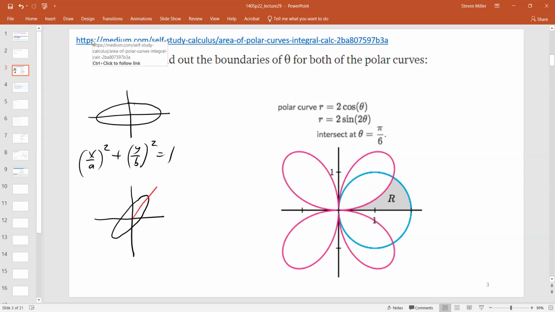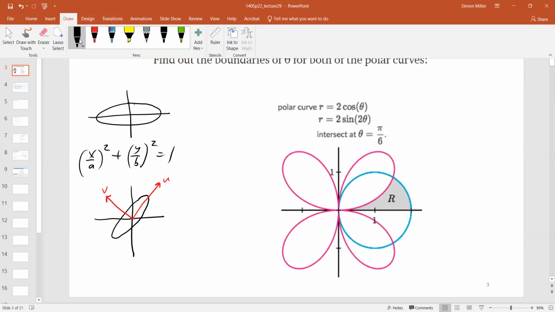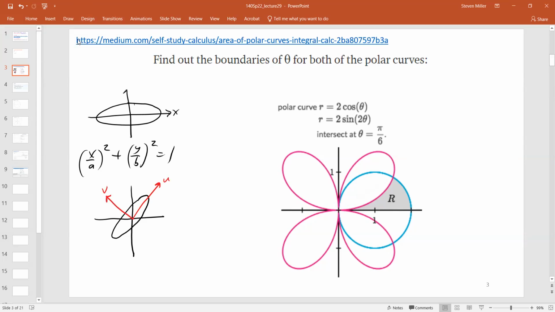And so if we choose these to be the coordinate axes, say u and v, now all of a sudden we can easily write down what's going on in terms of u and v space. And so we would have u over a squared plus v over b squared equals 1.